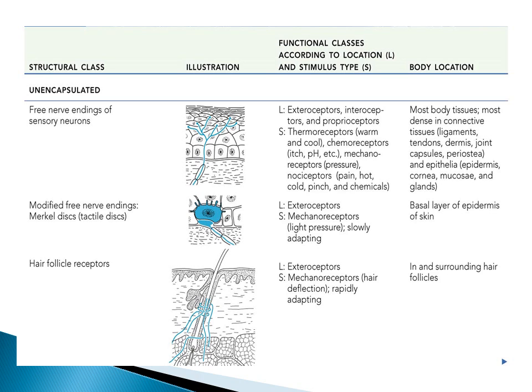So that qualifies the Merkel tactile discs as exteroreceptors and also as mechanoreceptors, meaning that they respond to very light pressure. It's the Merkel's tactile disc, which is sort of a modified free nerve ending, that is responsible for the sensation you get when a fly is on your skin.